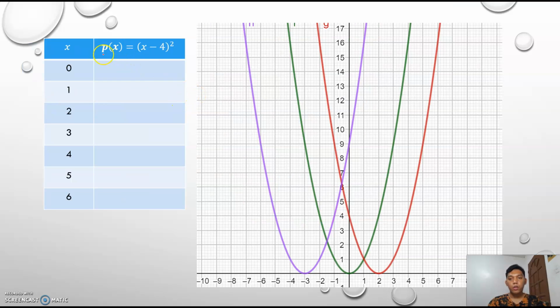Next, we graph the function p of x equals (x minus 4) squared. So 0, 16, it's here, 1, 9 down here, then 2, 4 down here, and then 3, 1.